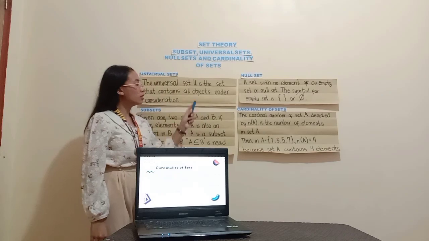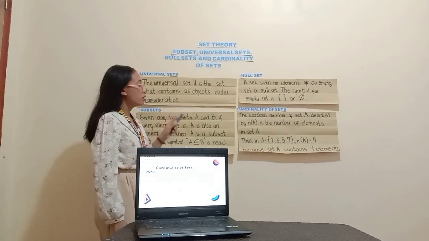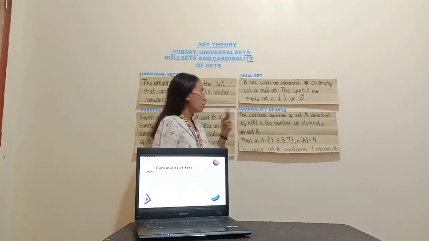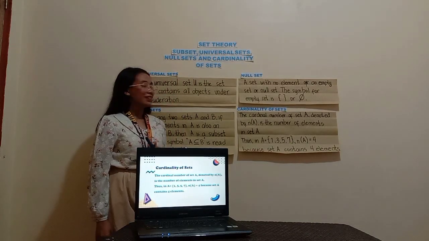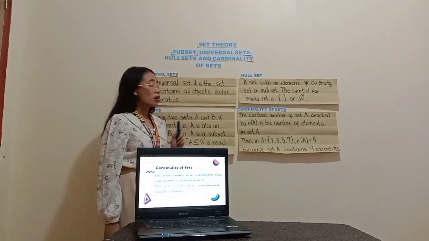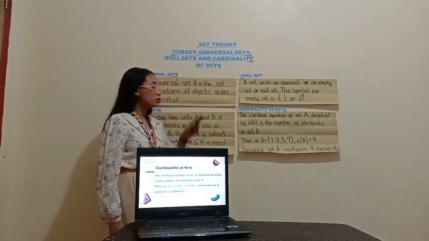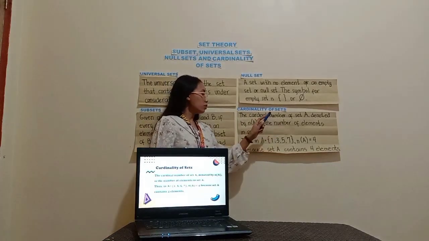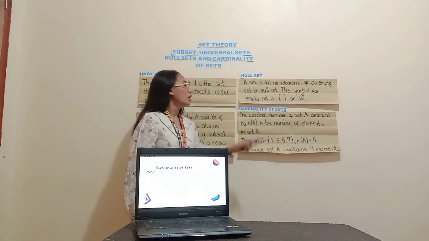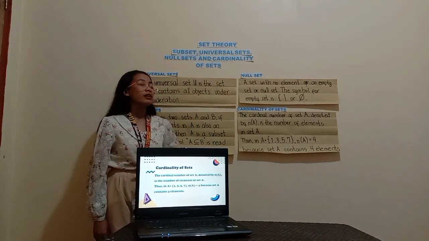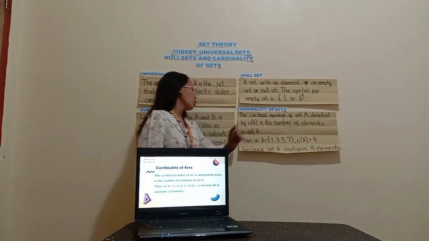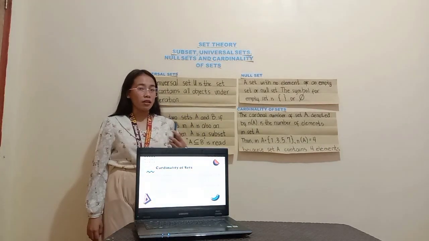The cardinal number of a set A, denoted by this symbol, is the number of elements in set A. Thus, if A is equal to the set of 1, 3, 5, and 7, the cardinal number of A is 4, because set A contains 4 elements.